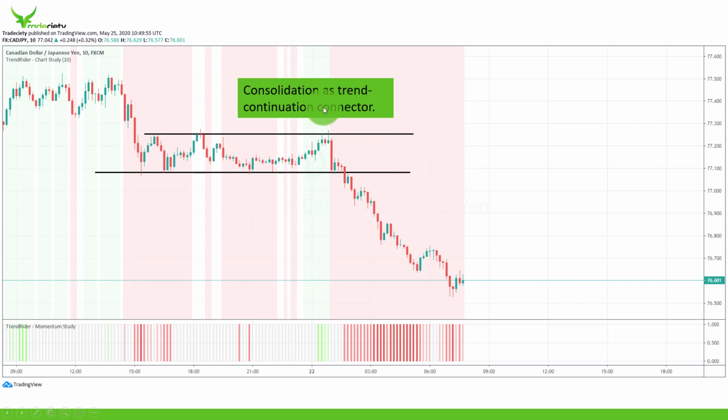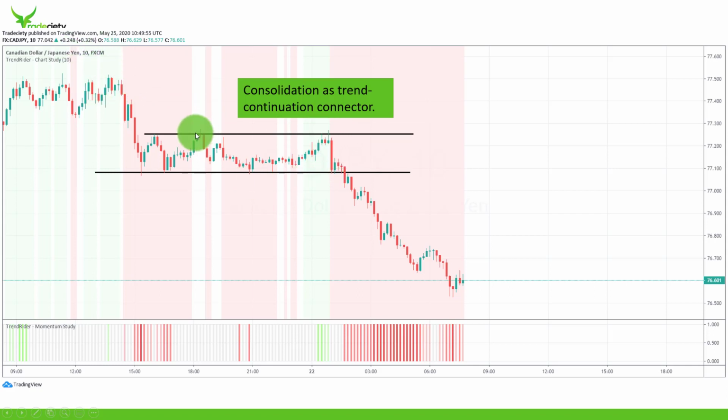Consolidation as a trend continuation, what does it mean? Very simple. Again, the market was in a sideways range here, then the market started a downtrend, broke out of this first consolidation, traded sideways once again, but didn't even come close to the previous highs. So a good bearish signal, or at least a good point. That means we are more bearish than bullish, because we're not even coming closer to the previous highs.